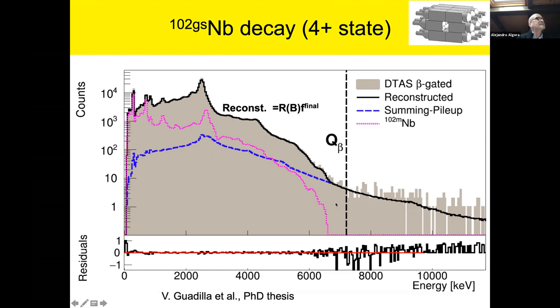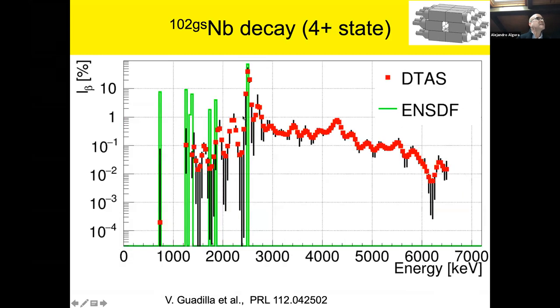And you see here the analysis of the ground state isomer of 102 niobium, and you see here the feeding distribution that was obtained from this measurement, published in Physical Review Letters, compared to what was previously known in high resolution.